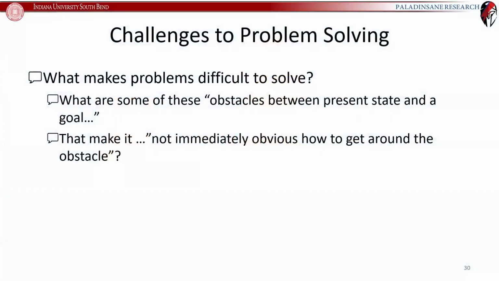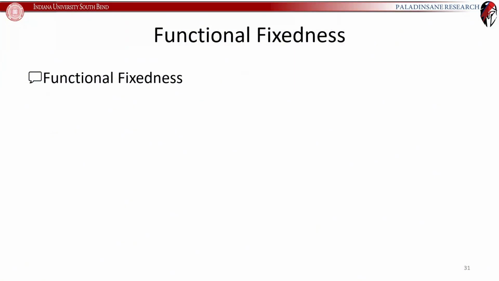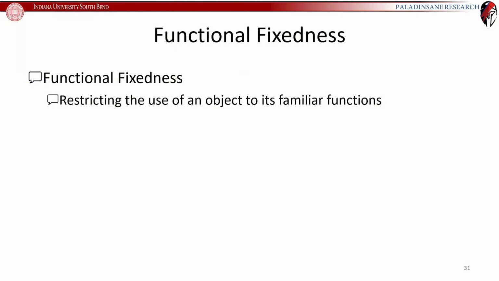All right, so other challenges to problem solving. One of the other challenges that makes problems difficult to solve is the fact that we fall prey to what is known as functional fixedness. And functional fixedness is where we restrict the use of objects to their familiar functions.